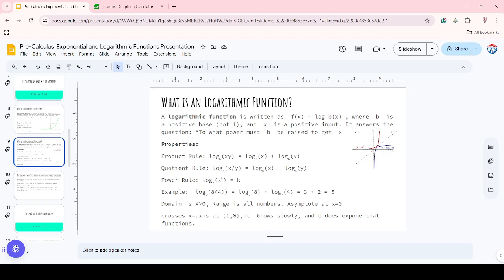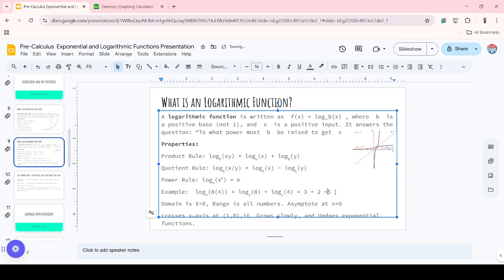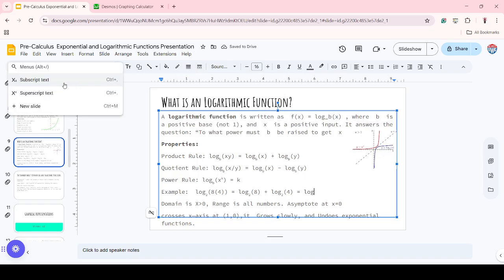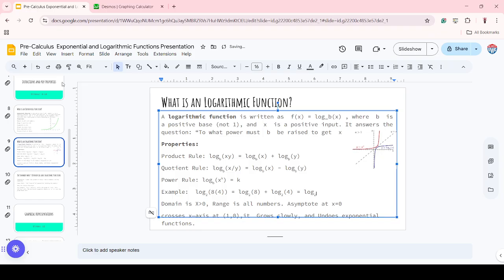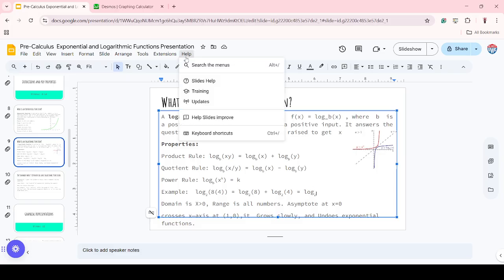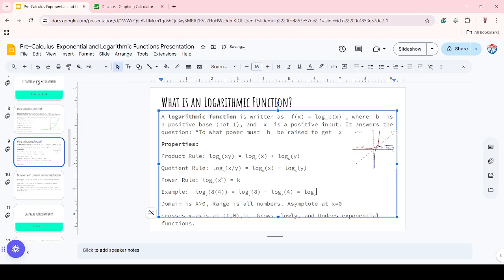We know that it is going to be equal to log subscript 2 of 32, which I actually messed up my answer here. Excuse me for that. It is equal to log subscript 2 of 32. Excuse me, I'm sorry about messing that up.